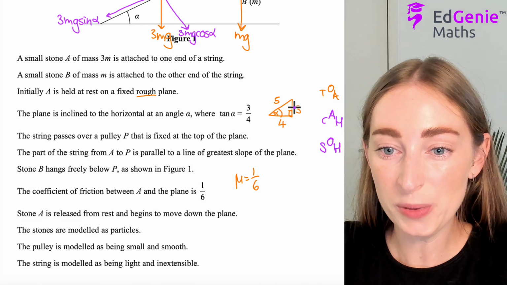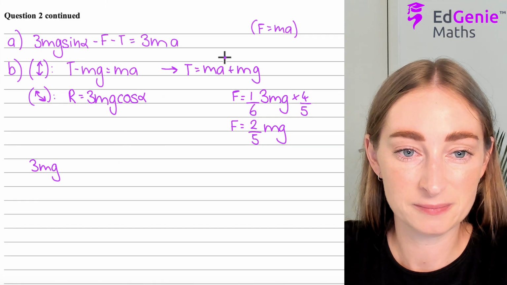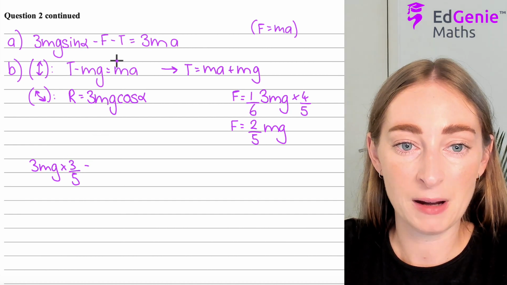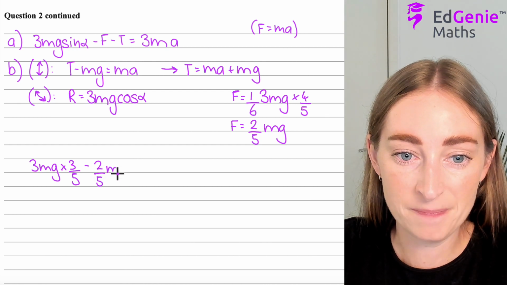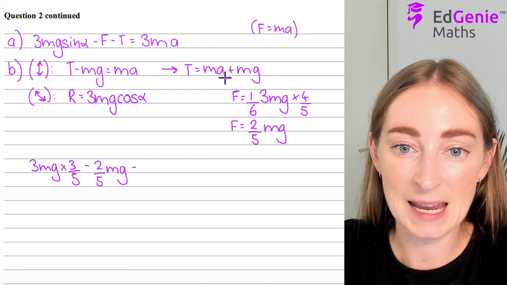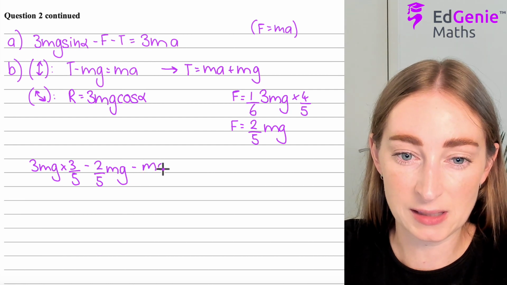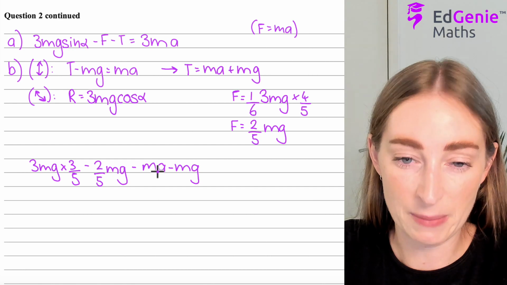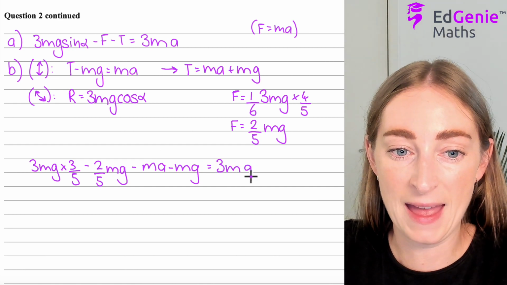So we're going to do the opposite over the hypotenuse, so 3/5, minus F, which is 2/5 mg, minus our tension, which, just be careful because we're minusing that, so it's minus ma minus mg, and that's going to equal 3ma.